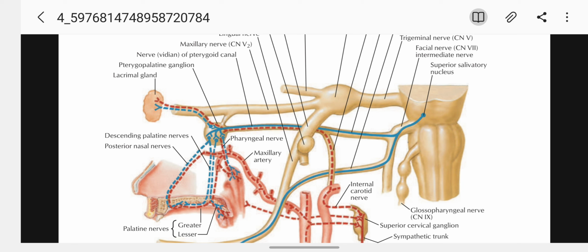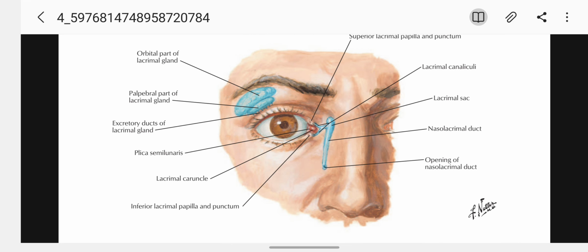So actually the lacrimal nerve is a branch of the ophthalmic division of the trigeminal. The ophthalmic division gives three branches: frontal, nasociliary and lacrimal, and the sympathetic and parasympathetic fibers reach the lacrimal gland. Actually, most of the ducts of the orbital part pass through the palpebral part.